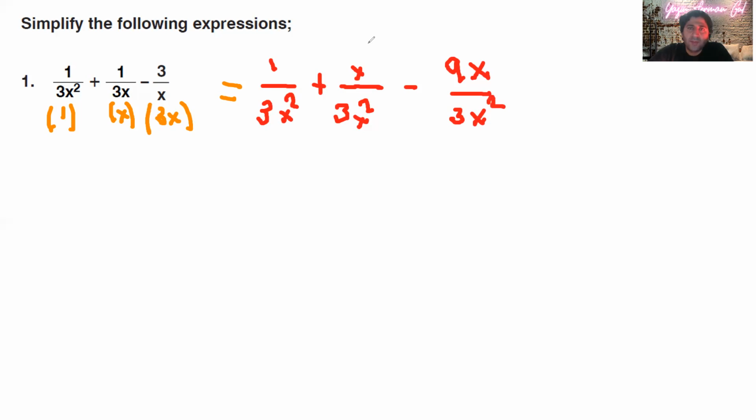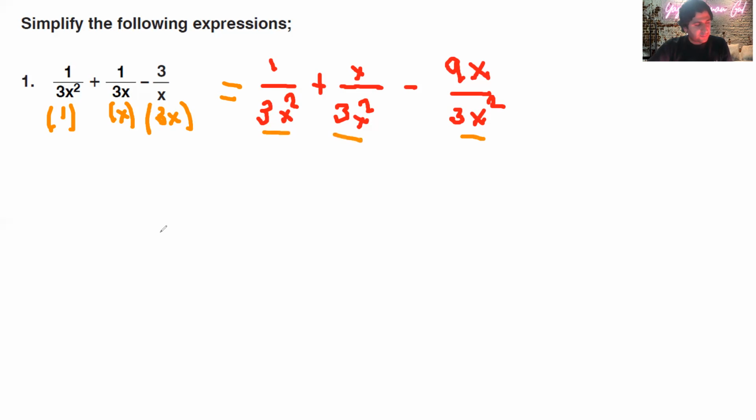Okay, so now my denominators are the same, as you can see. So all I need to do is to add the numerators. Okay, so I'm going to do that now.